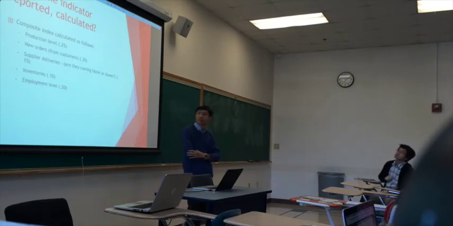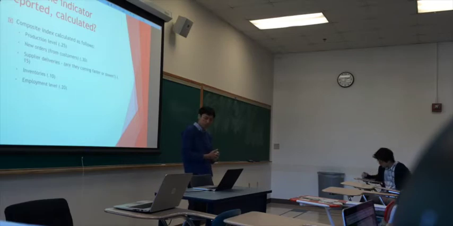There are different classifications for the questions, and this is how they're weighted. This might give you an idea of what to compare the indicator to when you're doing your analysis.